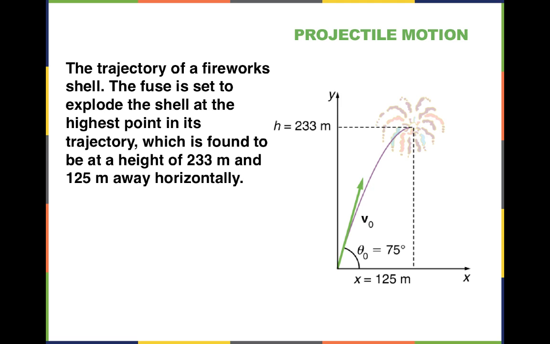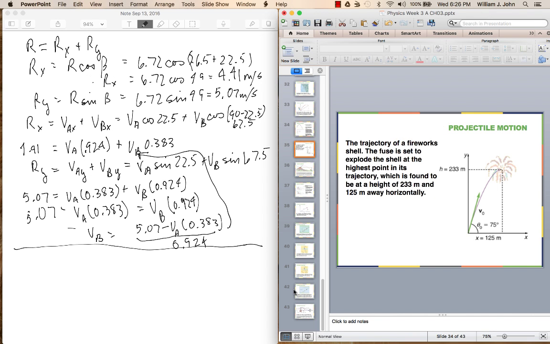And the question is, what is V0, in magnitude, and they already give you the trajectory of 75 degrees, so all you have to do is find the magnitude of this in this problem. So let's take a look at how we would go about it.